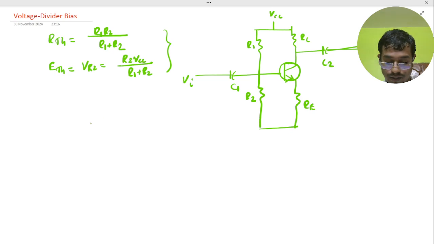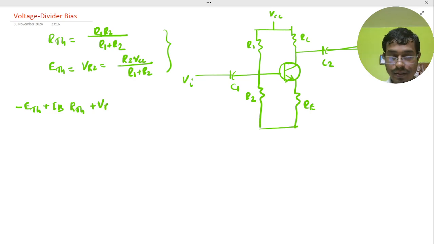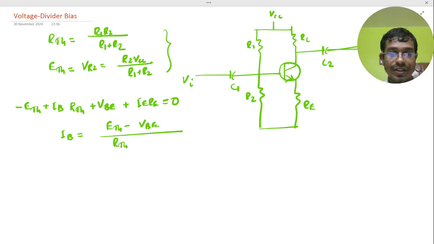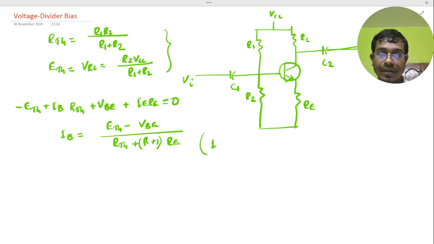This is our key concept. Using mesh analysis in the loop with KVL, we get minus ETH plus IB RTH plus VBE plus IE RE is equal to 0, and the base current IB becomes (ETH minus VBE) divided by RTH plus (beta plus 1) RE, because we consider IE is (beta plus 1) times IB.